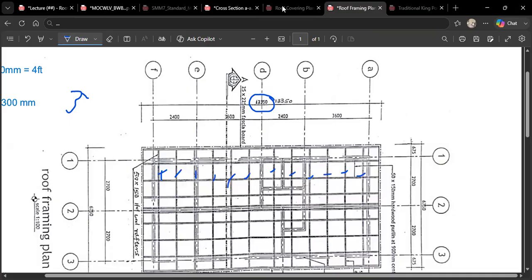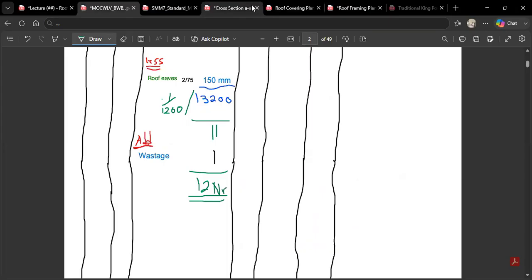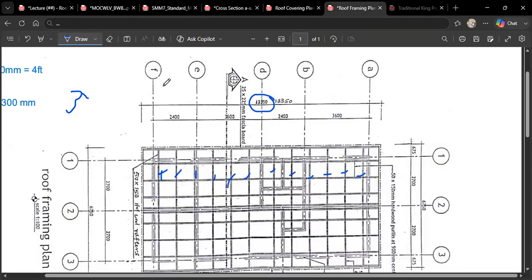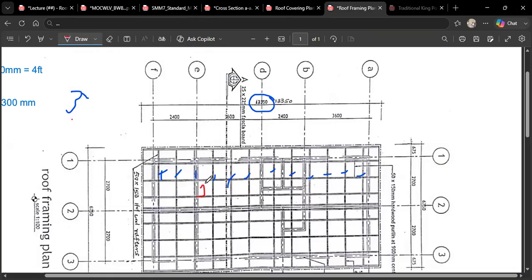So now we know that we are going to need 12 rafters. Okay, good. So we have to just go and do our squaring, and then we are good to go. But you know that the calculation we did is for only one side. So at this side, it is 12 rafters that will go. But I realize that we have two faces. This is face one, and this is face two, the second face.